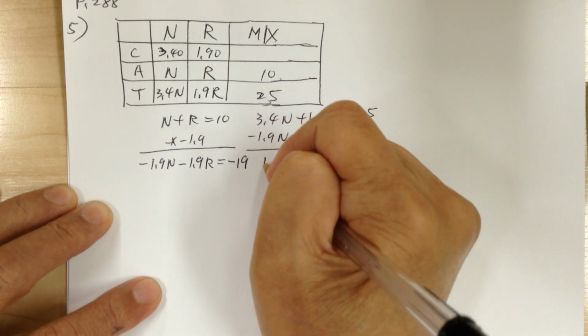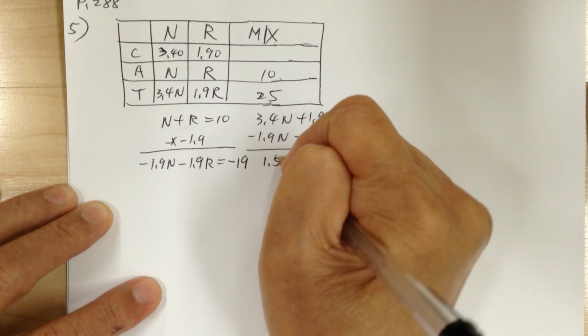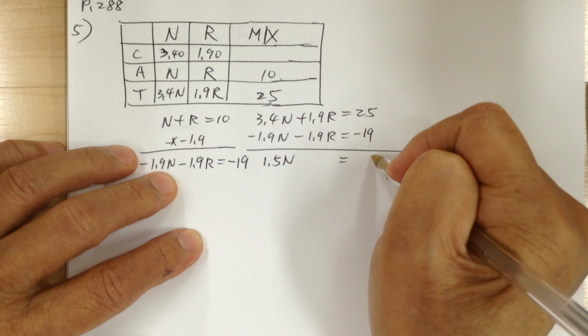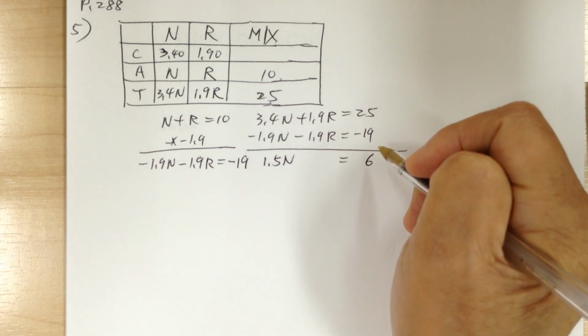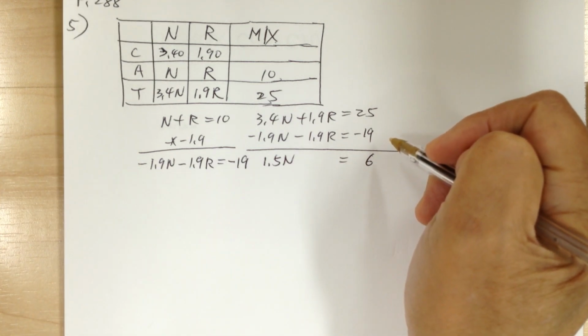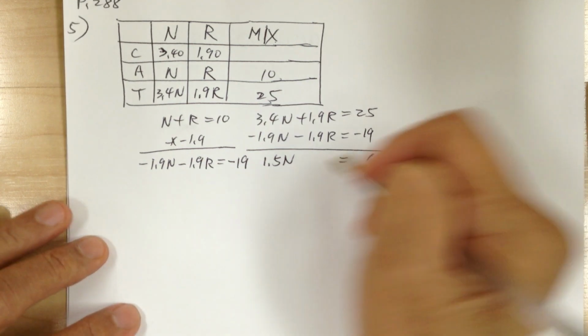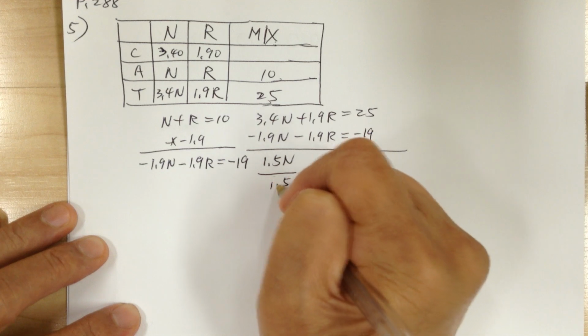So you got 1.5N equal to 6. And then after that, let's go ahead and divide both sides by 1.5.